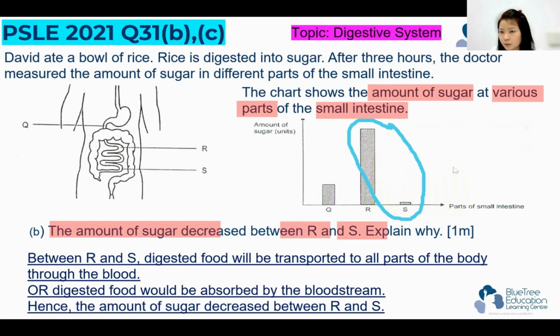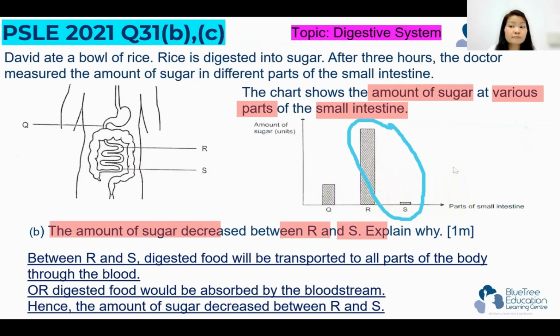Somebody asked, there will be more digestion happening at R than S. Yes, because at R there will be more digestive juices in contact with the rice. This is for part A, the earlier question, where there will be an increased rate of digestion. Can we talk about the amount of digestive juices for B?